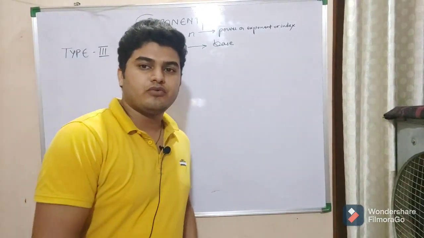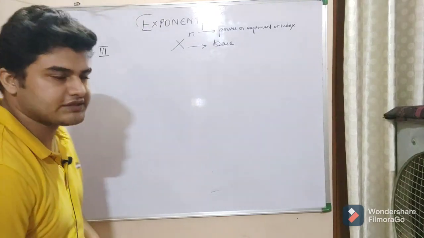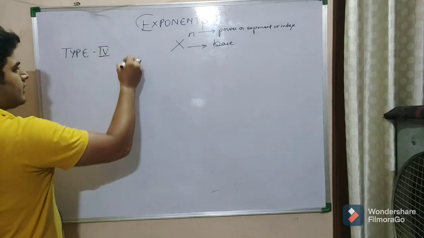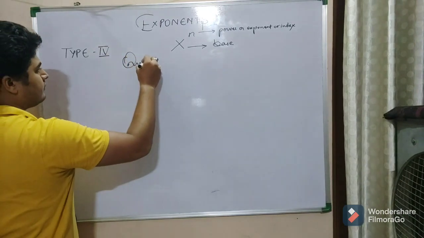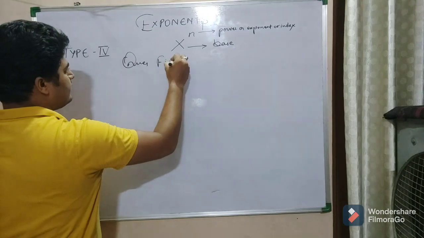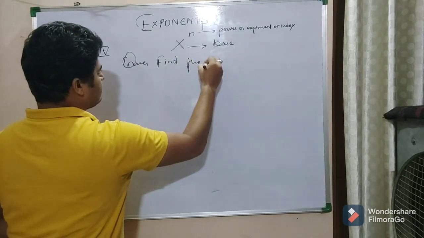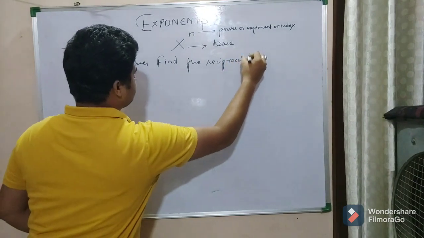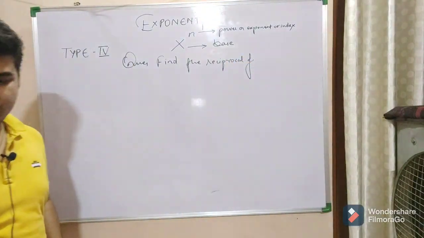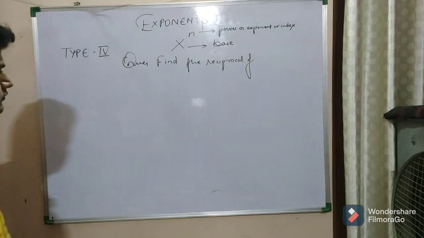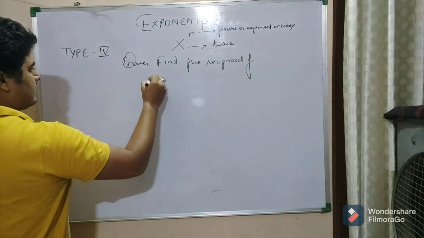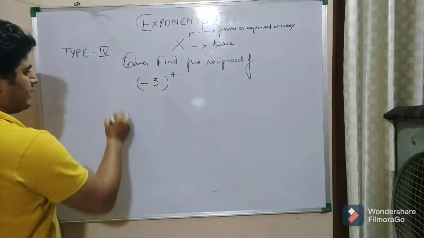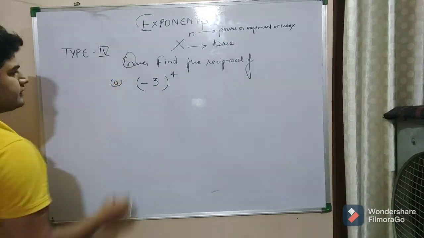And the fourth type of problem which you are going to get in your first exercise, the question will be, find the reciprocal of. Reciprocal you all know. Like for example, it is asking minus 3 to the power 4, and you have to write its reciprocal.